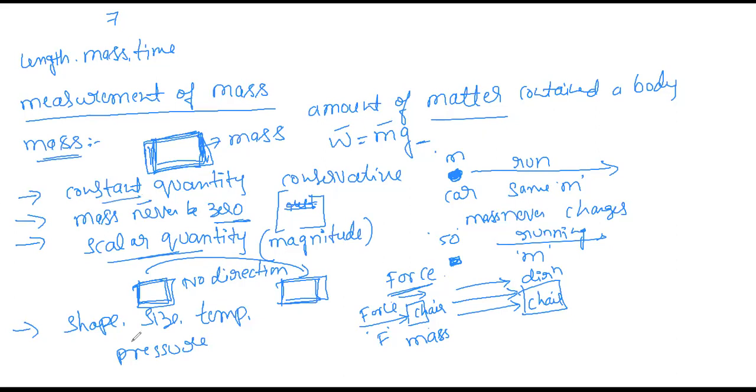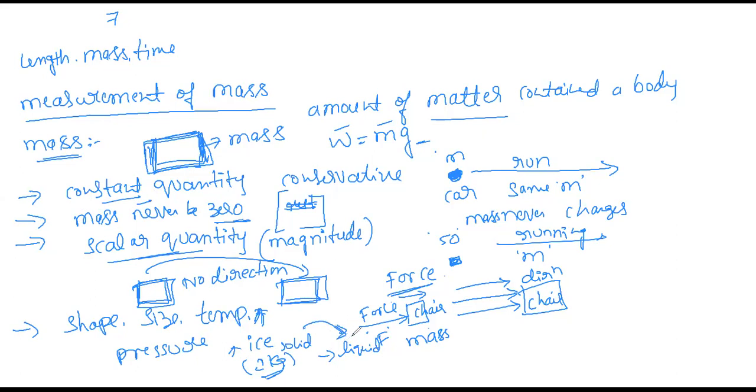If the temperature is high, mass does not change. For example, ice has 1 kg of solid. When we heat the ice, it converts into liquid, but the mass remains constant at 1 kg. It just converts from one form to another.